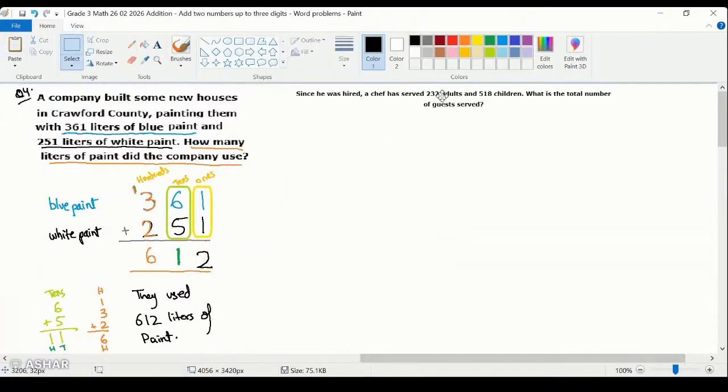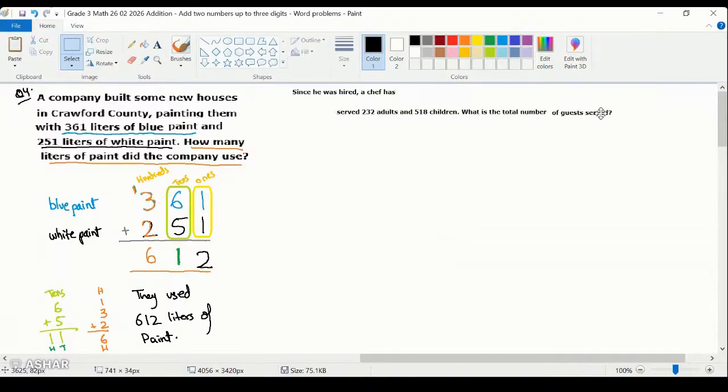So since he was hired, a chef has served a certain number of guests. Out of these guests, 232 adults and 518 children. So what is the total number of guests served by the chef?